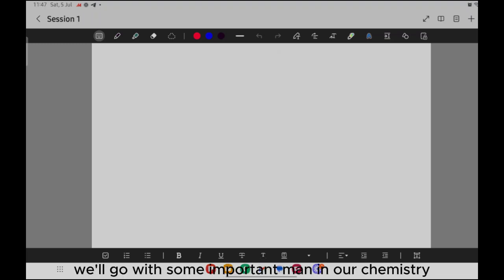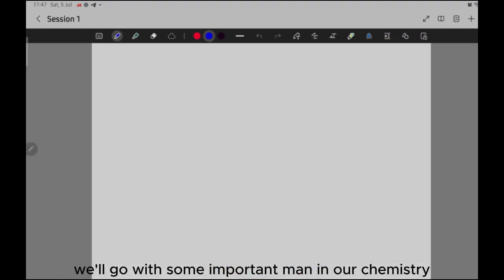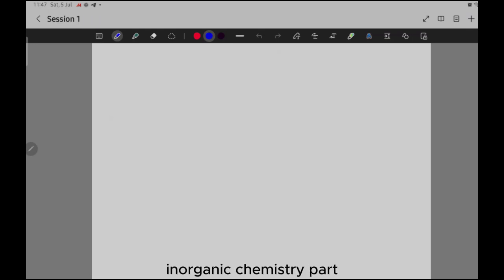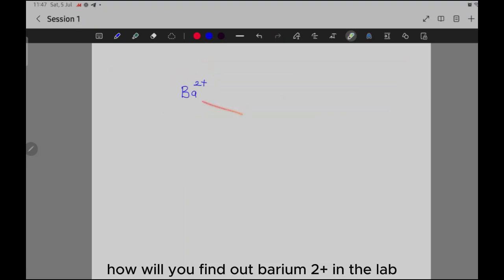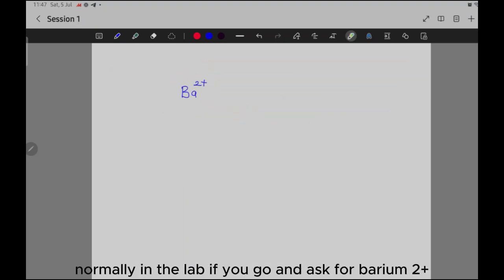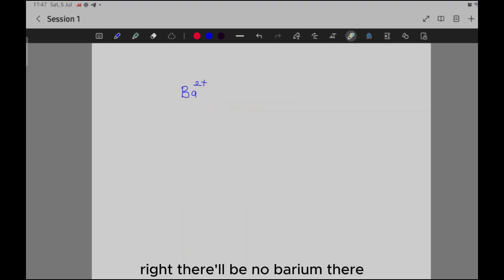First of all, we'll go with some important ions in our inorganic chemistry part, barium, right? Barium 2 plus. We'll be starting with that. How will you find barium 2 plus in the lab? Normally in the lab, if you ask for barium 2 plus, there will be no barium there. That means barium 2 plus is not available as such.